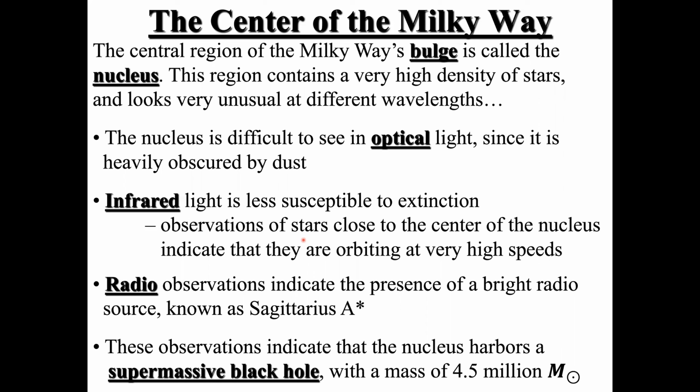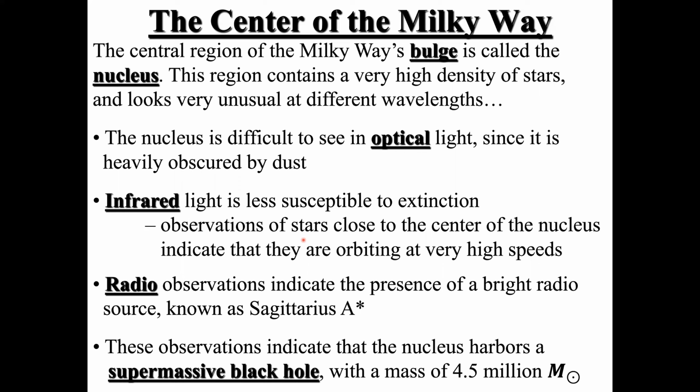So when we observe this central region of our galaxy, we have seen something very surprising. When you do these observations of stars very close to the center of the nucleus, they are orbiting at very high speeds that we don't expect.